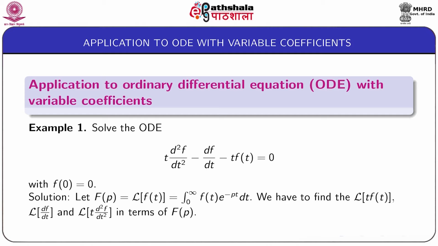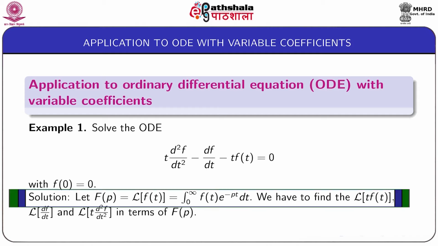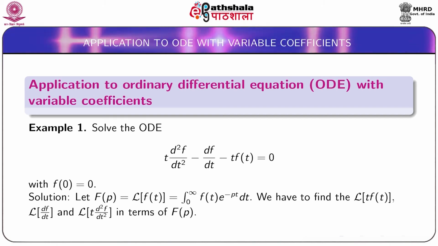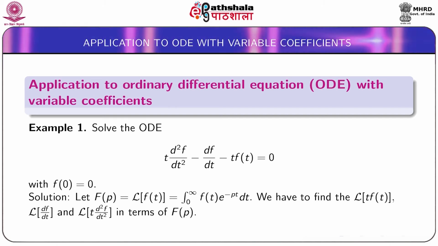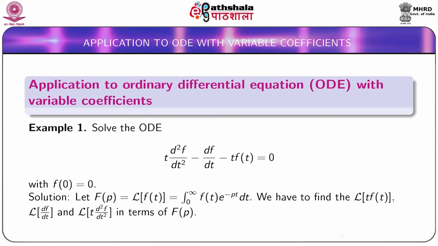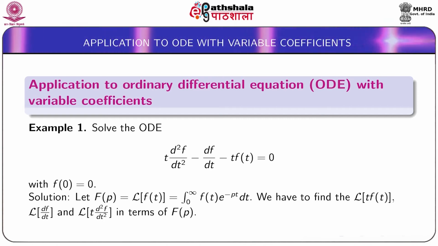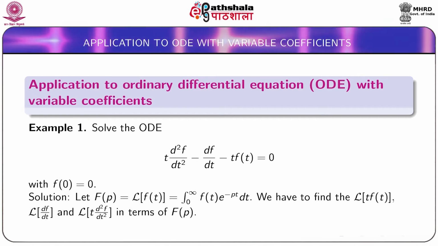For this we define capital F(p) as the Laplace transform of small f(t), which is equal to the integral from 0 to infinity of f(t) e to the power minus pt dt. So here we multiply both sides of the given differential equation by e to the power minus pt and integrate with respect to t from 0 to infinity.